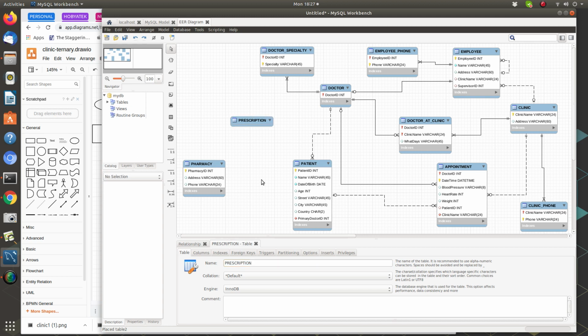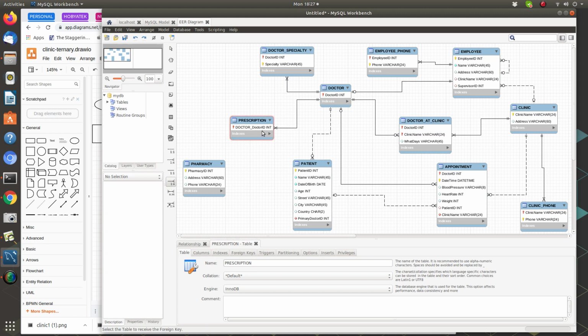And it's a weak entity identified by doctor, pharmacy, and patient, which means we need three 1 to n identifying relationships. So first one, prescription is the n side, doctor is the 1 side. So we get the doctor ID as part of the key.